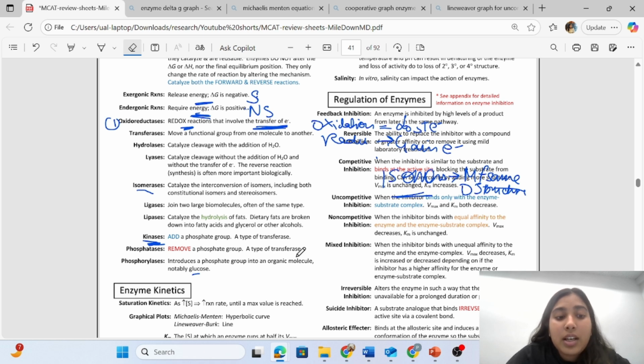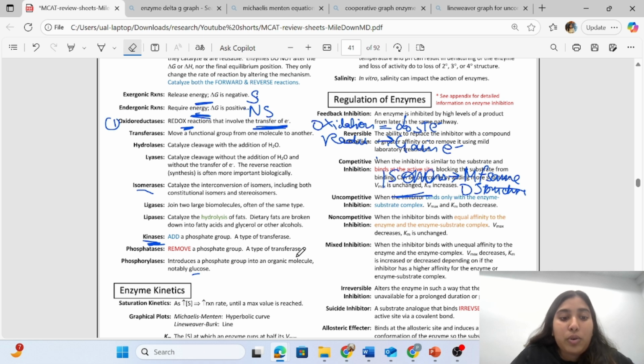So kinases are used to add a phosphate group. It's also a type of transferase because it's changing the functional group. So kinases are transferases which add a phosphate group. Phosphatases are the opposite of kinases, so they remove the phosphate group, and they're also a type of transferase.